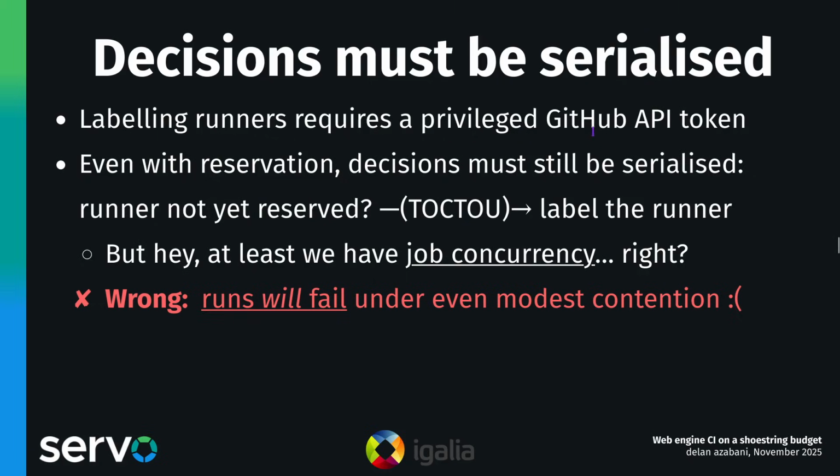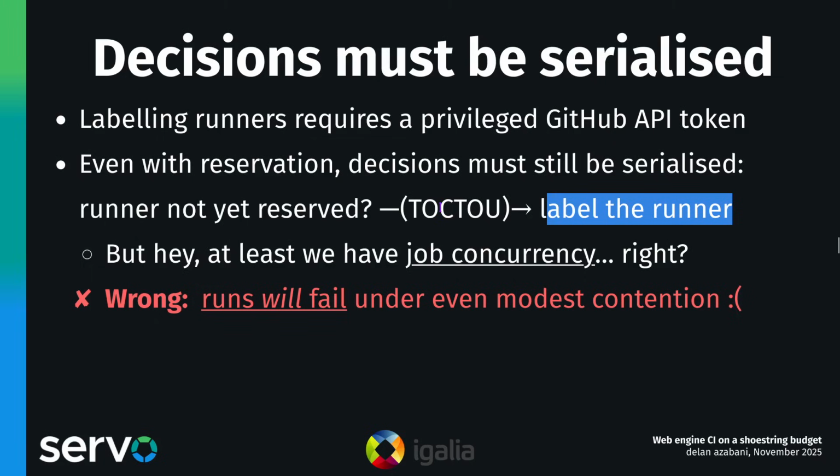And something I didn't mention is that reserving runners in this way doesn't actually solve the problem on its own, because you've now transformed the problem to being: we're going to check if there's an unreserved runner, and then we're going to label the runner.